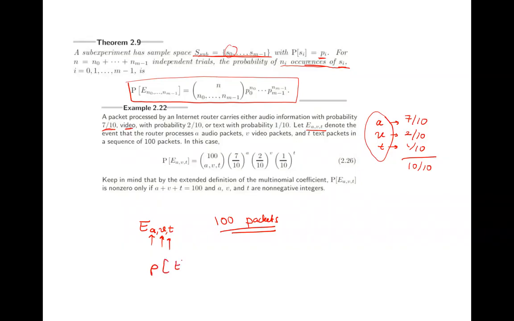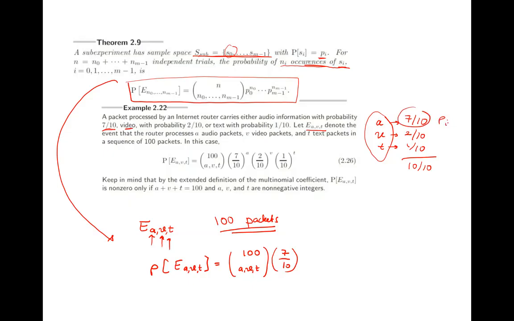Probability of E_AVT. So we use this formula. It simply says 100 choose AVT, so 7/10 to the power. So this was the probability here. Let's say this is PA, this is PV, this is PT.